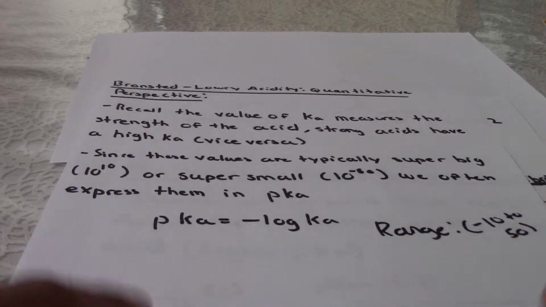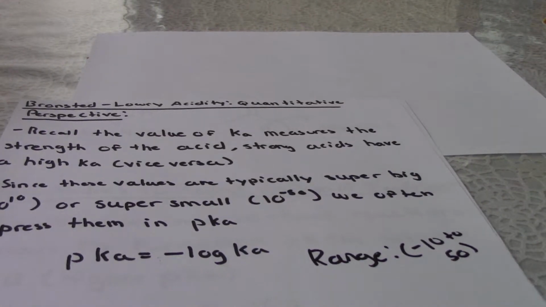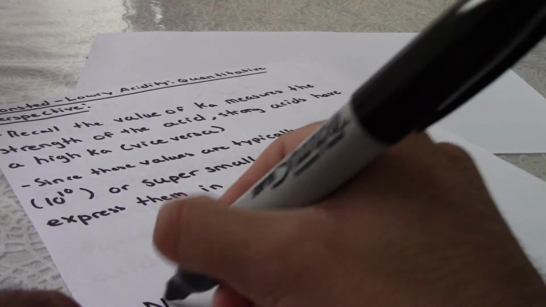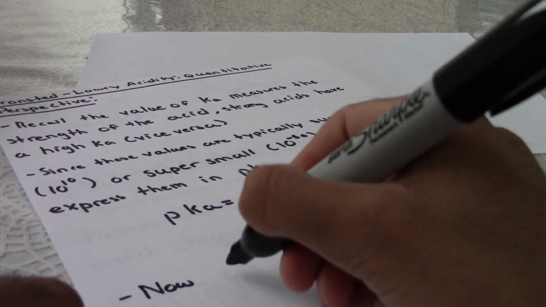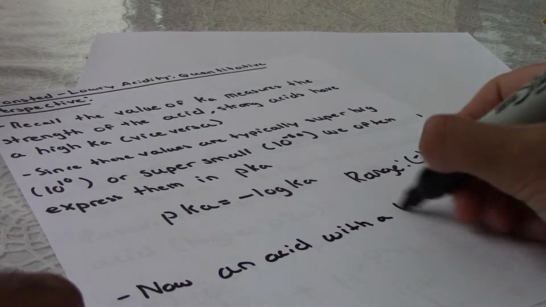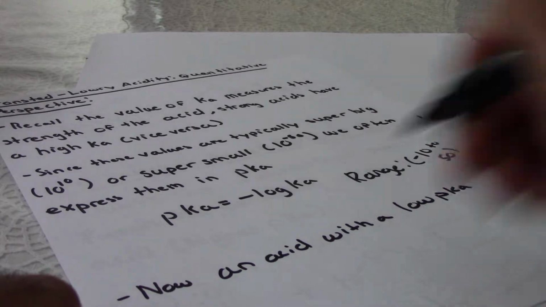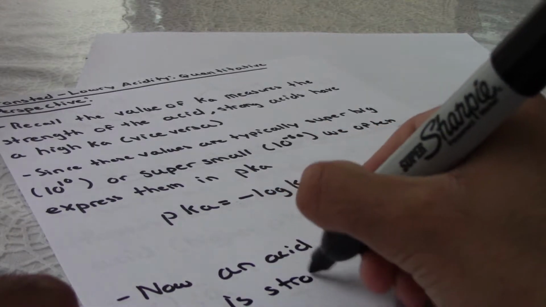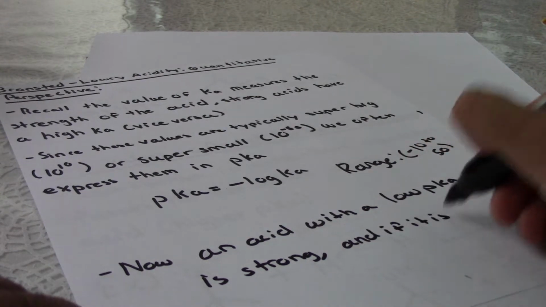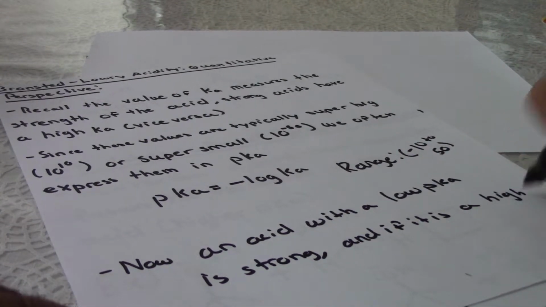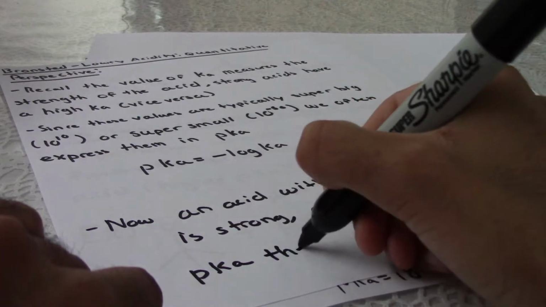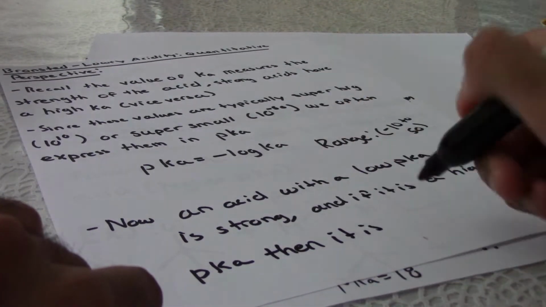And this logarithmic relationship means that an acid with a low pKa is strong, and if it has a high pKa, then it is weak.